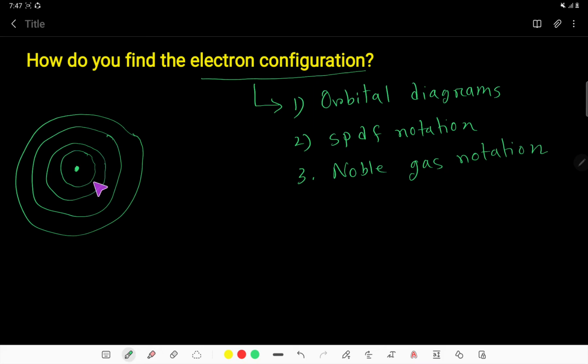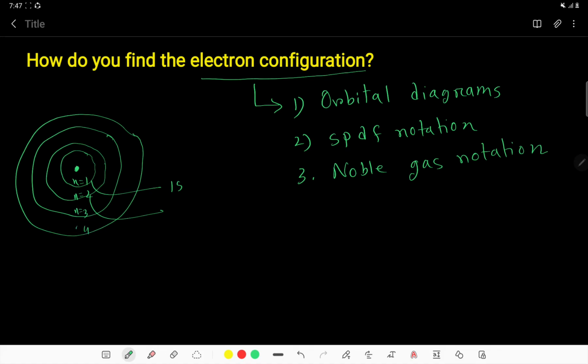We can define an energy level by the principal quantum number n. The number n can be 1, 2, 3, 4.